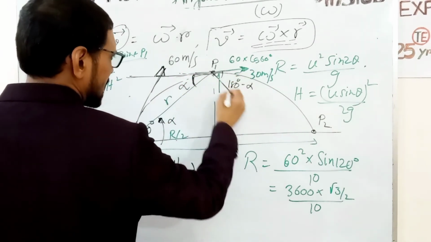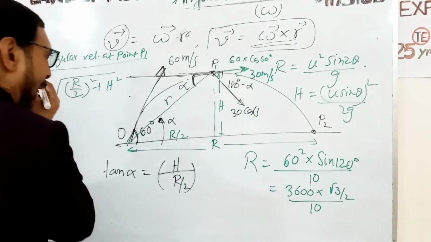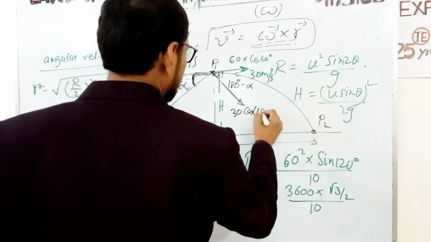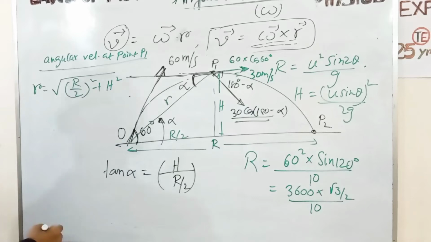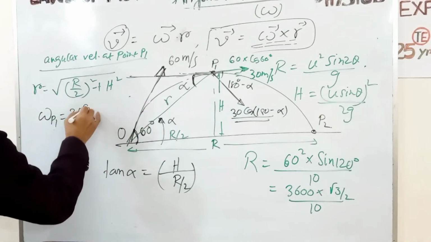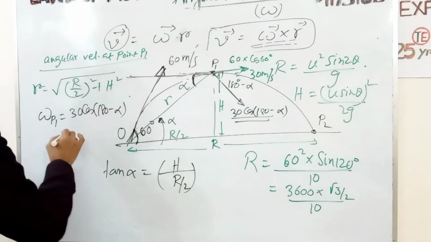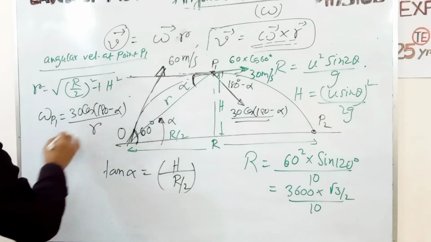So the velocity along this component is 30 cos of 180 minus alpha. So this is the velocity, and so the angular velocity at point P1 will be this divided by this distance. Now this distance we calculate from this, so this is the answer.